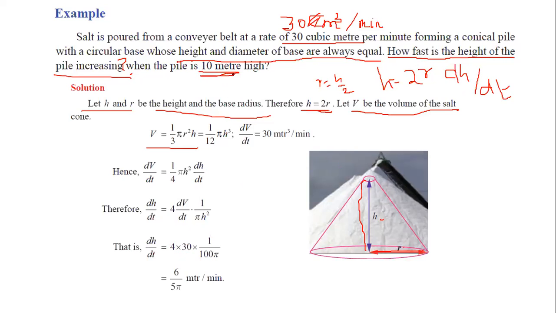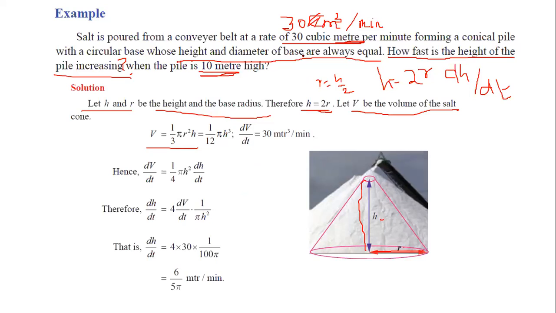Listen here, everything is given in meter. In case one thing is given in meter and the other thing is given in centimeter, we have to change into either centimeter or meter, using the same unit for the problem. So for all the parameters you have to use the same unit.